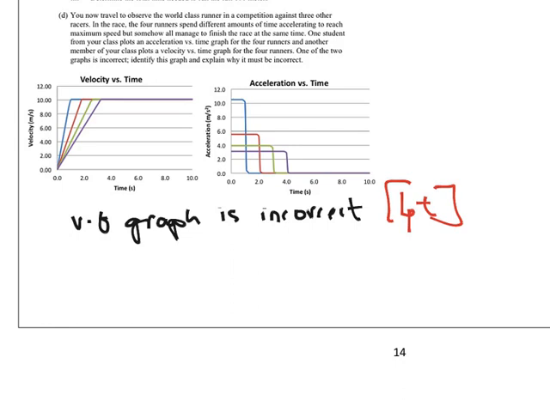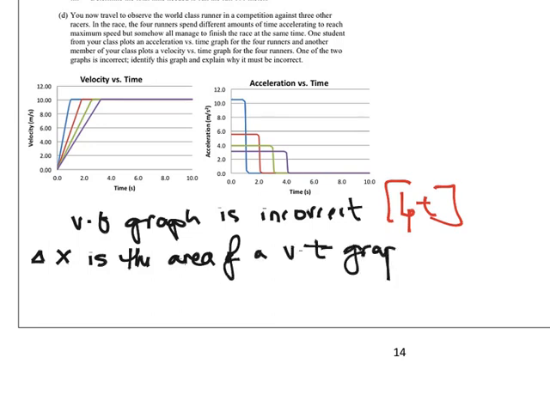And the reason is this, that x, or displacement, is the area of a VT graph.